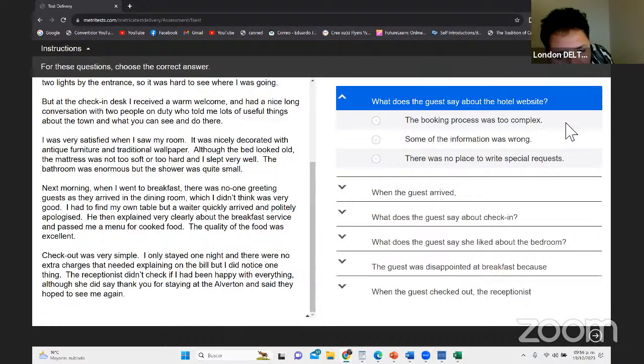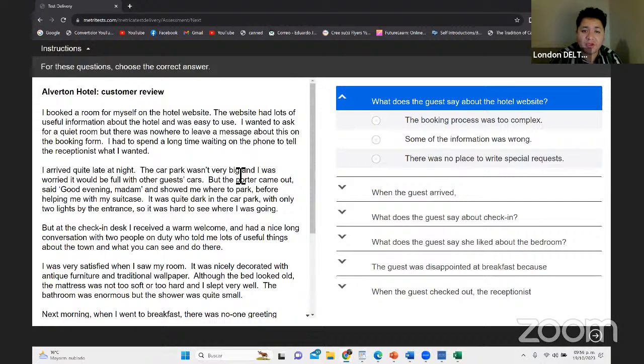Here we have to apply the two abilities that I showed you today: skimming and scanning, the reading techniques. Very well. Here we go.